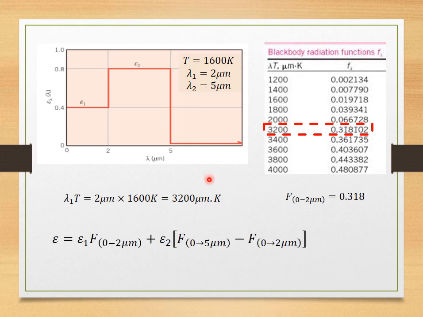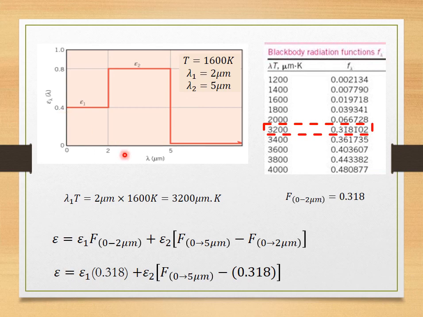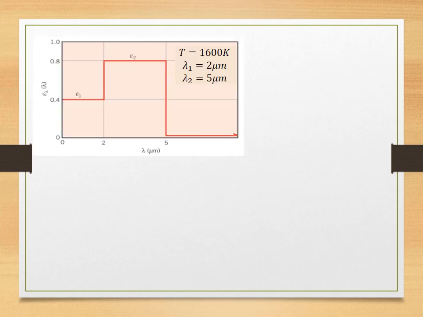Okay, so inserting this F function 0 until 2 micrometer, which is equal to 0.318, we can insert it here. So this is how it looks. Actually, we have the information that epsilon 1 refers to 0.4, but later we will insert this value. Next, we determine lambda 2 times temperature.